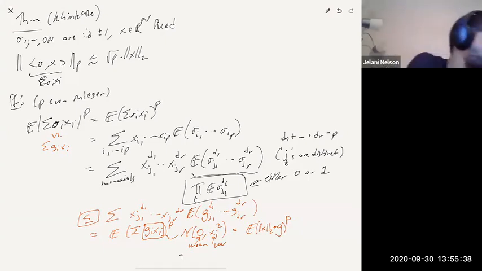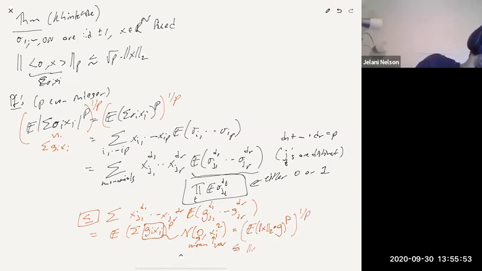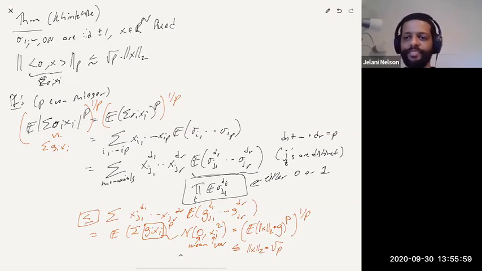And if you then remember the p norm takes this whole thing to the 1/pth power, then you get something that's at most the L2 norm of x times the square root of p, which is exactly what I wanted to show.